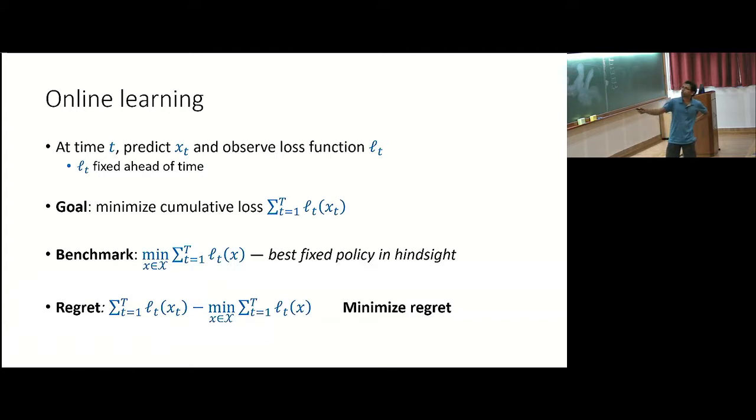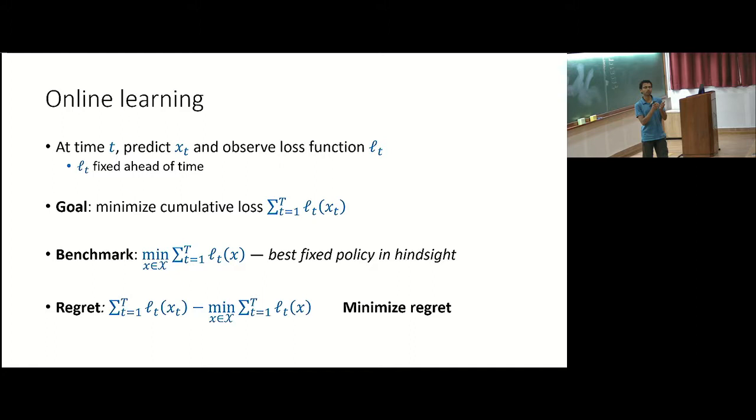Okay. So the goal, as I said, is to minimize this cumulative loss. Now, when I say minimize this cumulative loss, we need to have a benchmark with which we are comparing this quantity. So the best benchmark we would think of is to have an x star t, which is optimum with respect to lt.